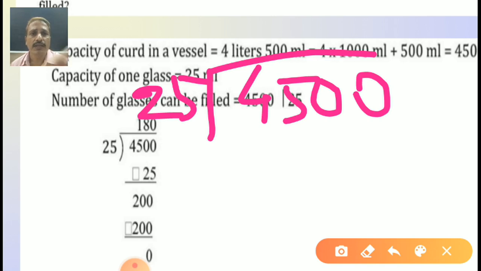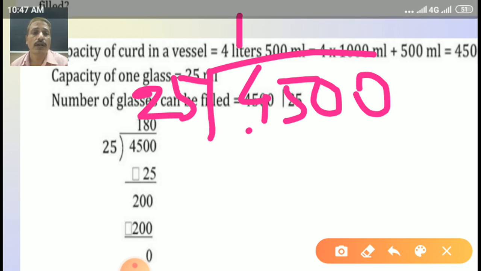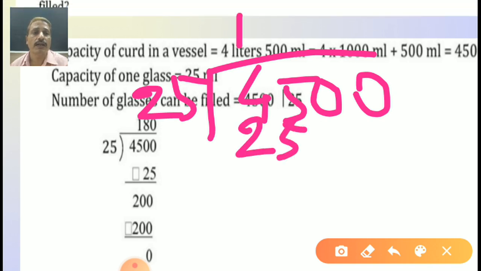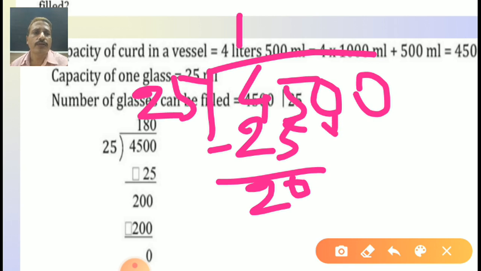Okay, 25 ones are 25, 25 twos are 50. That is not possible, so we can take only 1 and 25 will be here. Subtract: 5 minus 5, 0, and 4 minus 2, 2. Bring down this 0. Now this number becomes 200. Good.